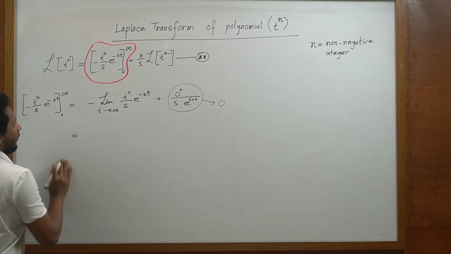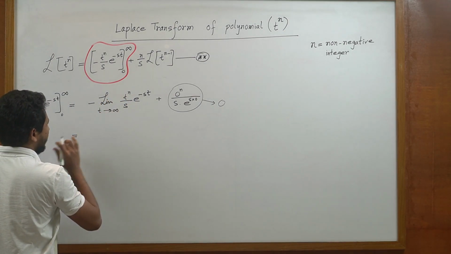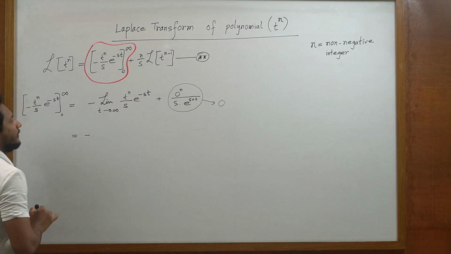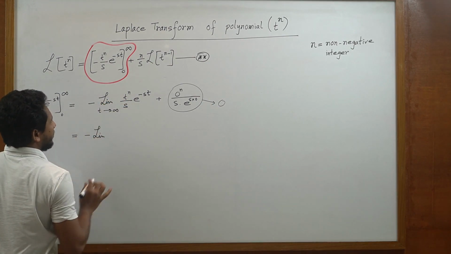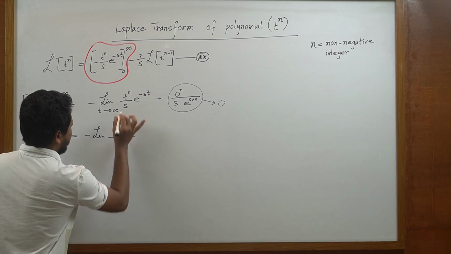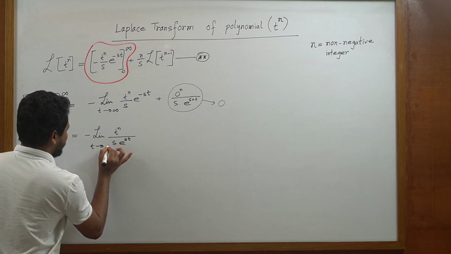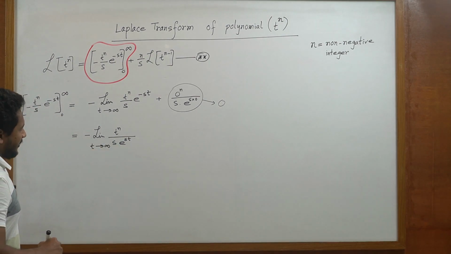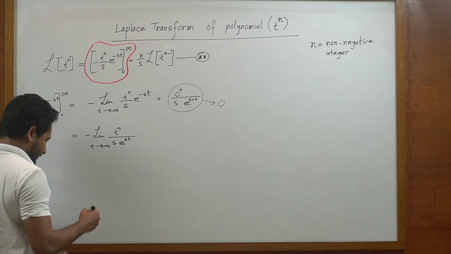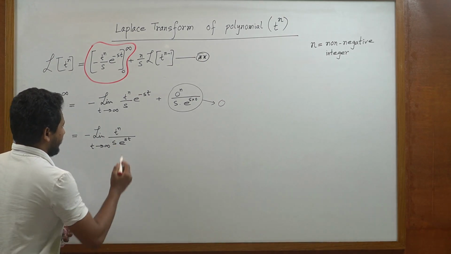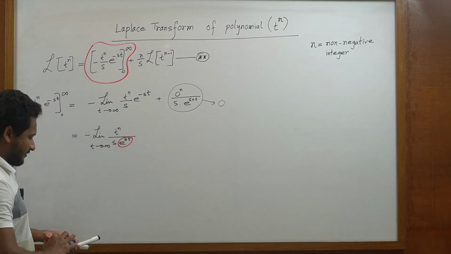Now we are getting to this part: limit of t to the power n by s e to the power st, as t approaches infinity. Now we use the exponential series.